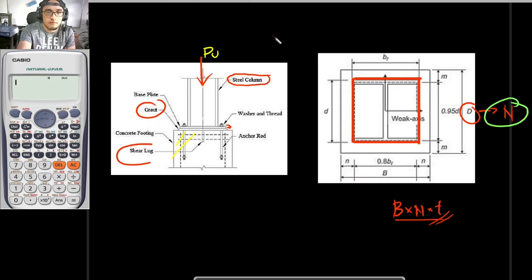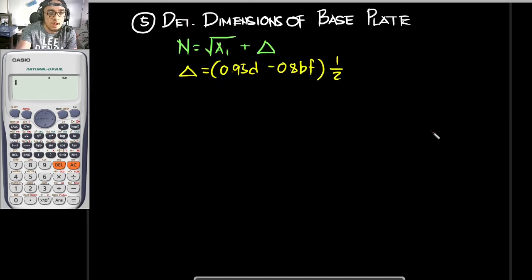So if for example that this is to be A1, ang nangyari dyan, ito kasi yung nasolve mong A1 dito is mas maliit talaga dito. So as for the value for A1, nagdagdag ka lang ng delta para makuha mo yung isang dimension. Okay, so once again, itong square root of A1 na to, kinuha lang natin yung isang dimension ng area 1 na to, tapos nagdagdag lang tayo ng delta.